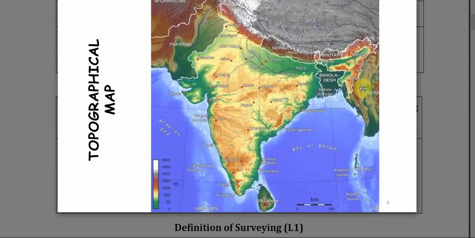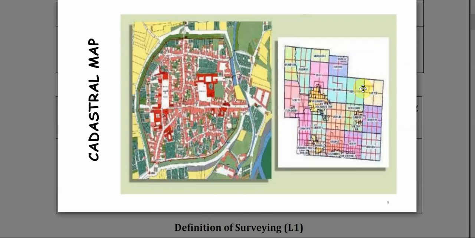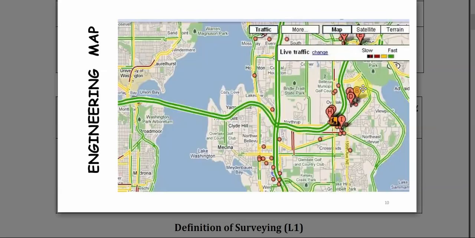Next, topographical map. As I've told you, topographical map, it shows the topographical features such as forest, deserts, rivers, etc. Cadastral map, it shows property boundary lines. This is an engineering map showing the traffic flow, roads and highways.